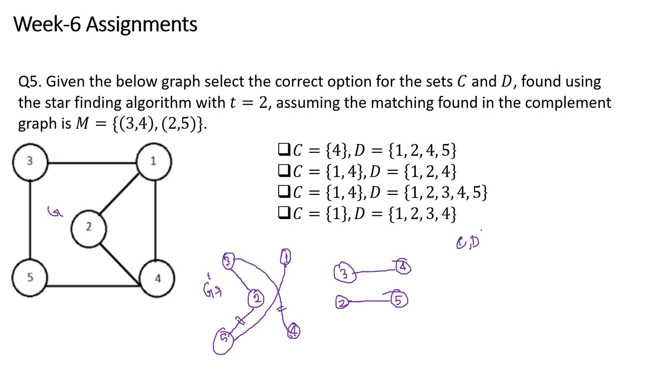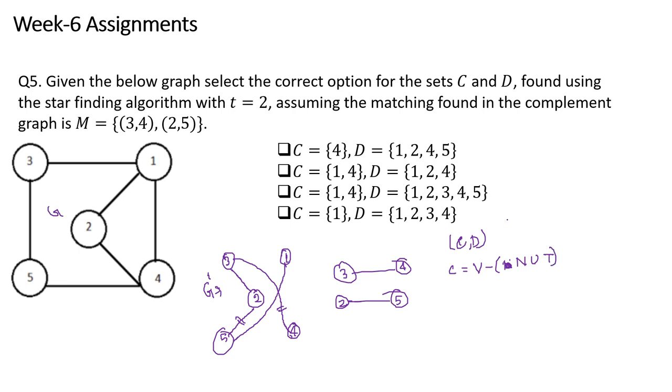C and D. So our C will essentially be the vertex set minus the set of matched nodes, which is n, and the set of triangle heads.